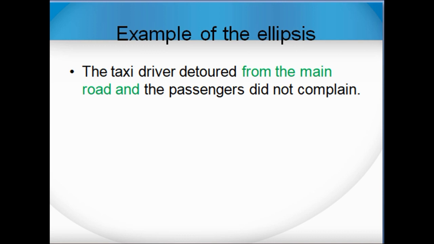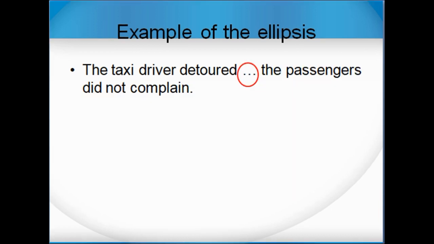So using ellipses is like deleting unnecessary words from a sentence. After we delete those unnecessary words, we place the ellipsis, the three full stops, either spaced or unspaced, and the sentence will still have the same meaning. The taxi driver detoured. We deleted from the main road. The passenger did not complain. We still have the same idea of what the original sentence was saying.